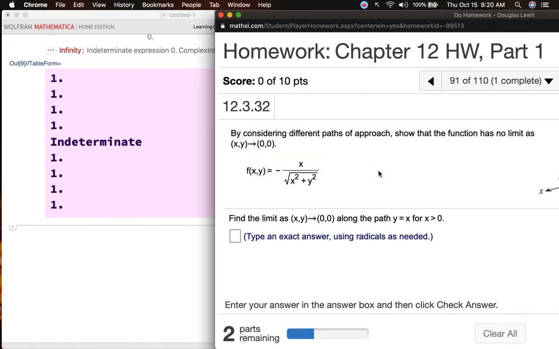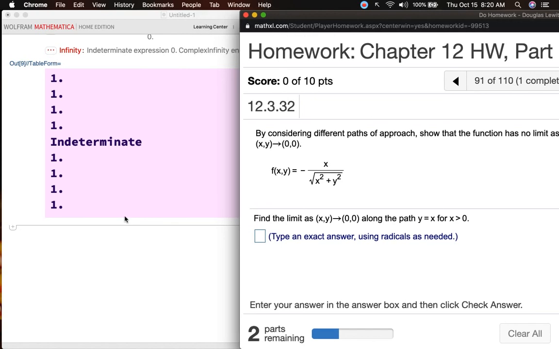By considering different paths of approach, show that the function has no limit as x, y goes to 0, 0. We're looking at the function f of x and y is equal to negative x divided by the square root of x squared plus y squared.